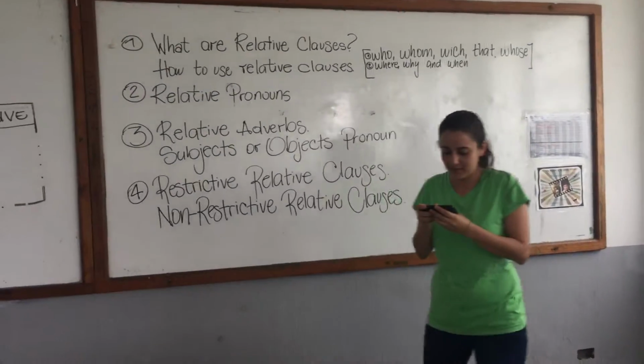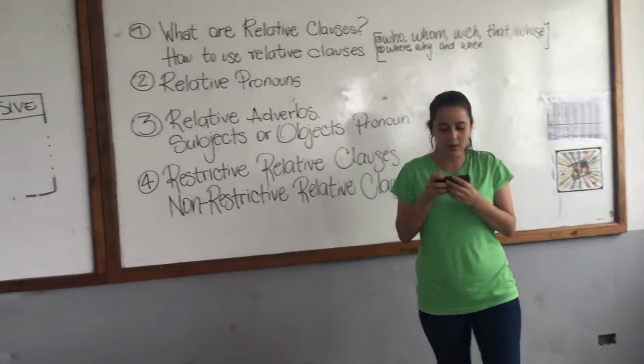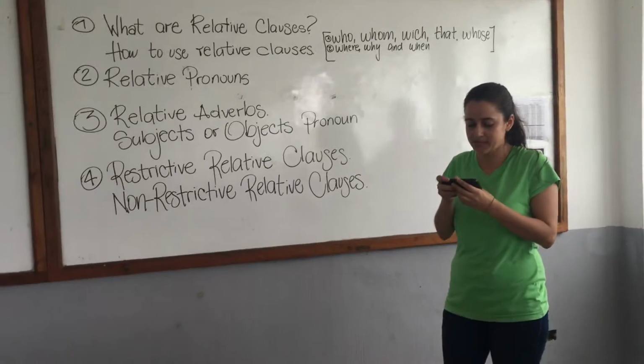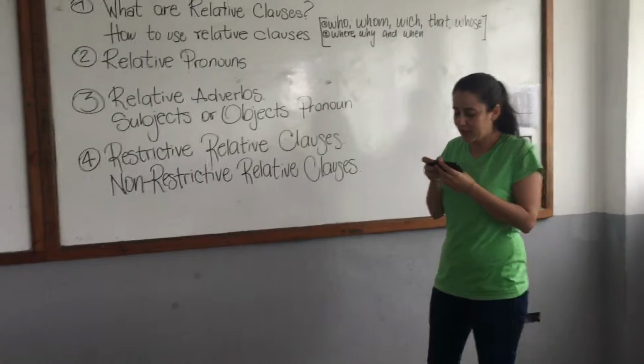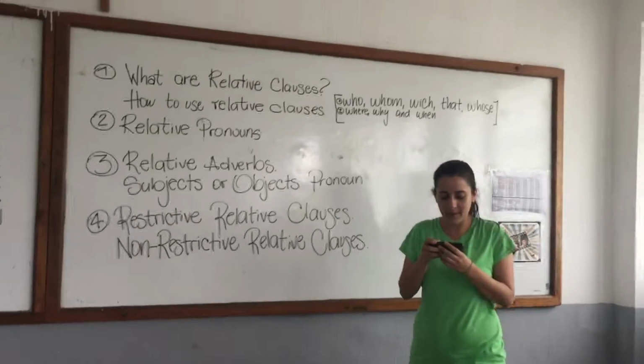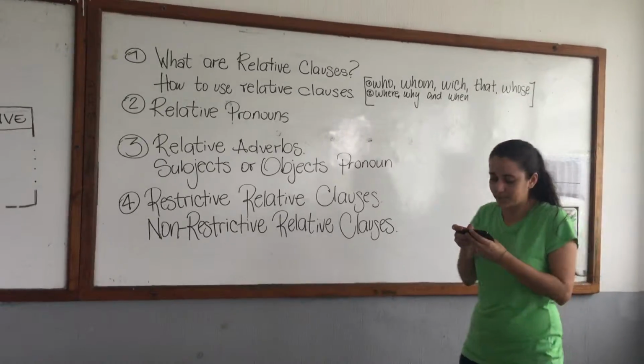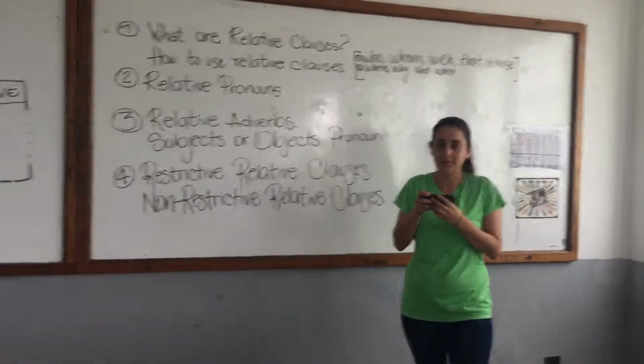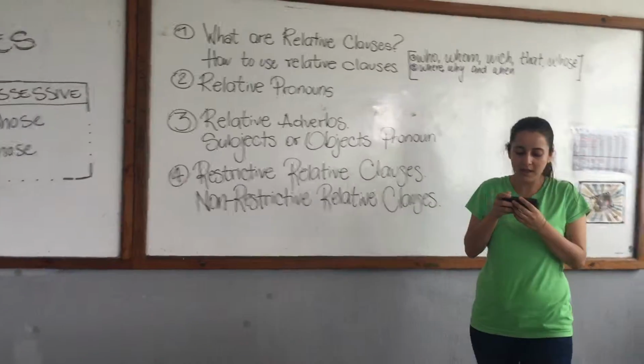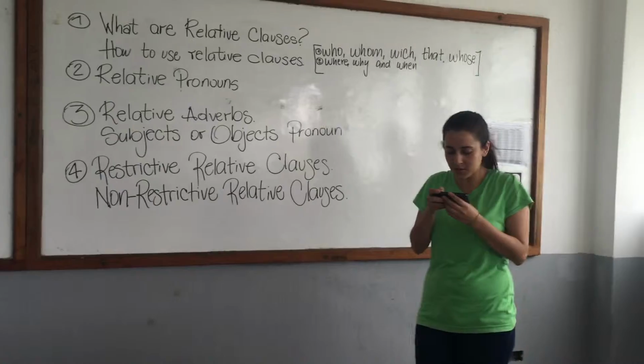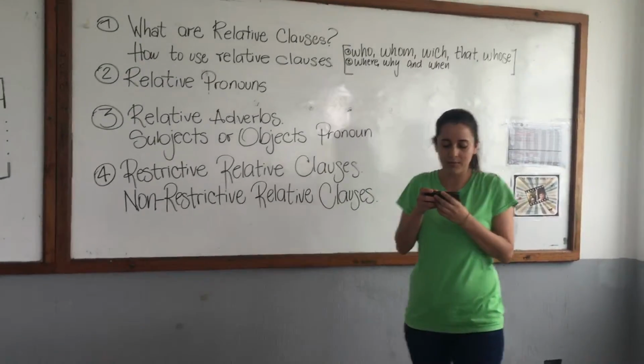Relative pronouns. Who: subject or object pronoun for people. Example: the lady who eats her baby. Which: subject or object pronoun. Example: I hear the book which is on the table.